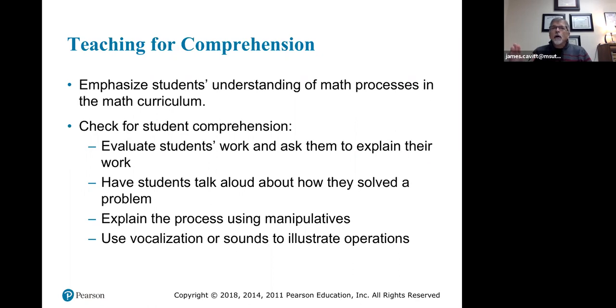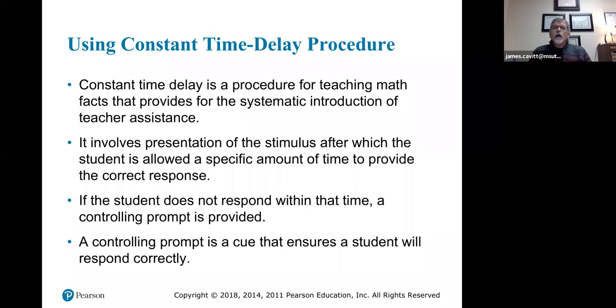You need to get into the book, the Van Boxtel and Shum book, to get more specific information. This is another one, constant time delay procedure. This kind of explains it, but get into your book to get better explanations.